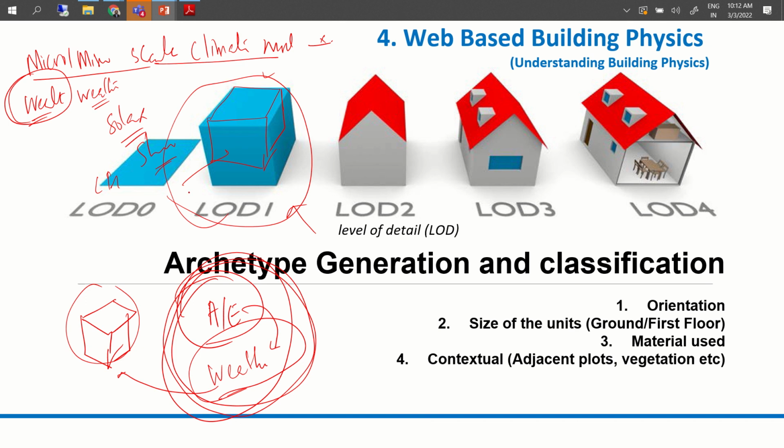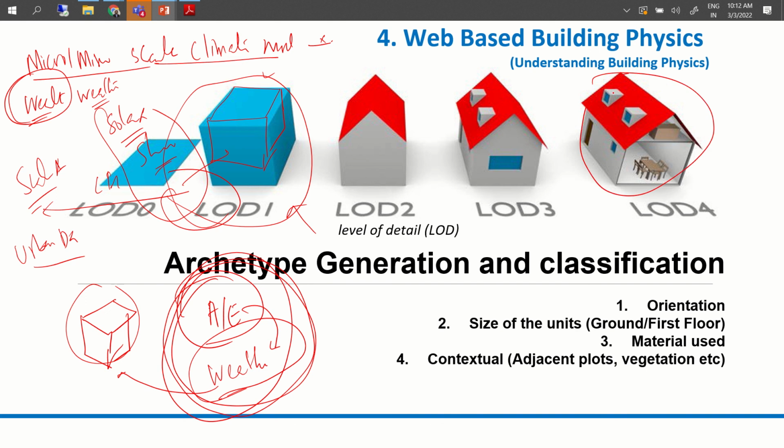Or if the scale of the analysis is big, let's say you are doing urban design with 1,000 buildings in your layout, we can't be modeling that much in detail, right? So we can use abstract models like this.